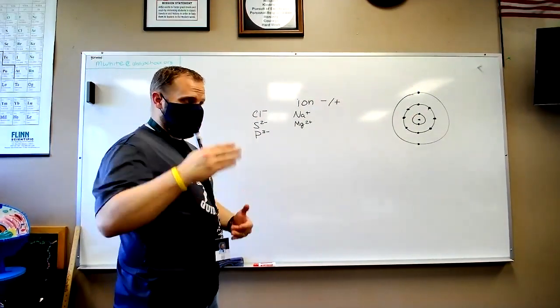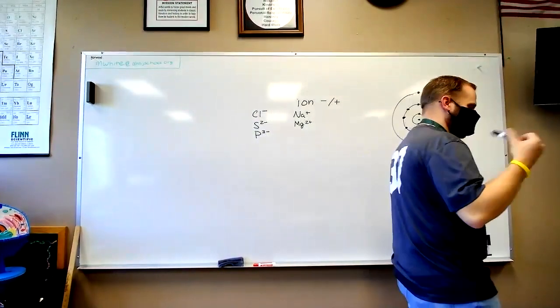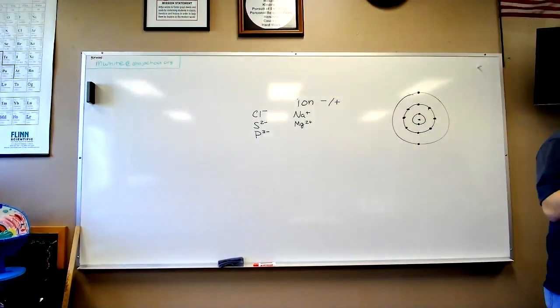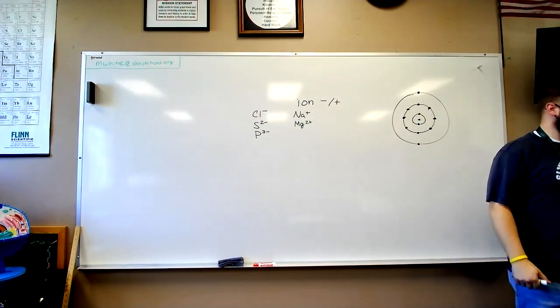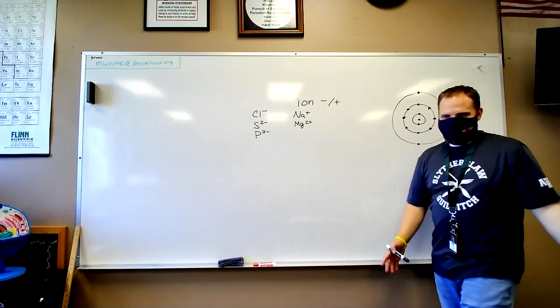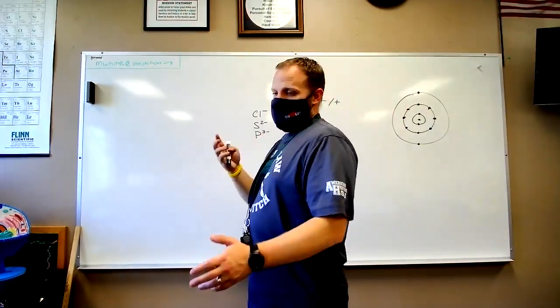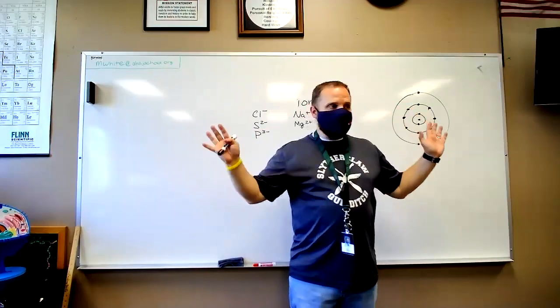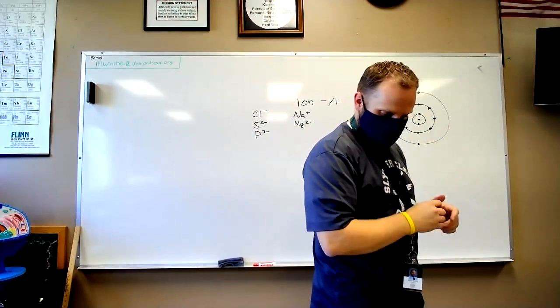Now 8, it has 8 electrons in the noble gas configuration, or noble gases. Well, it doesn't need to add or subtract any to get to 8. It already has 8. And that's why the noble gases really don't react, because they've got 8 electrons, they're happy.